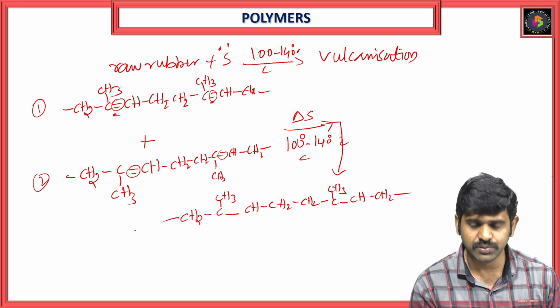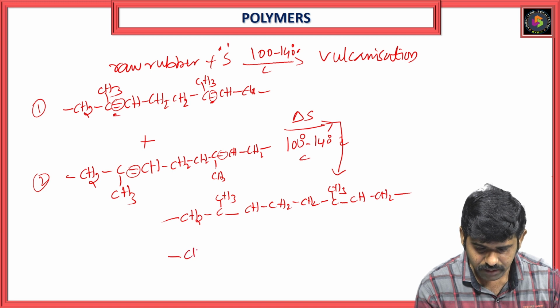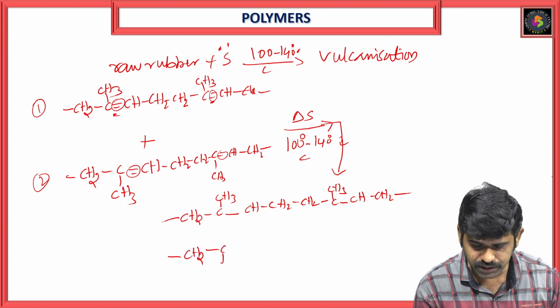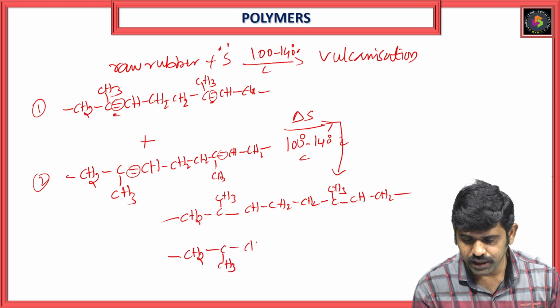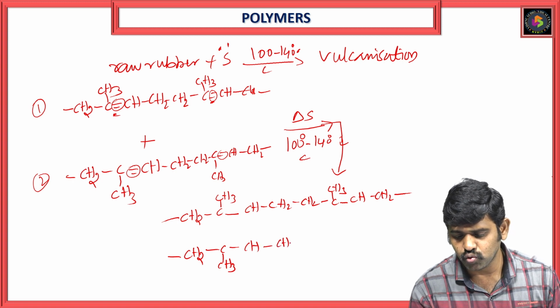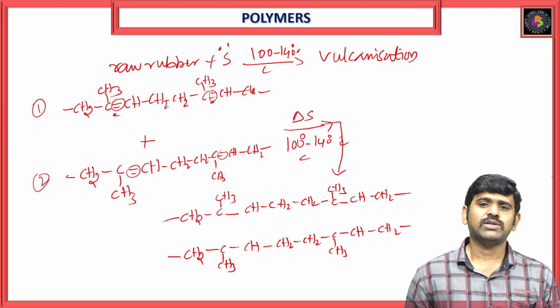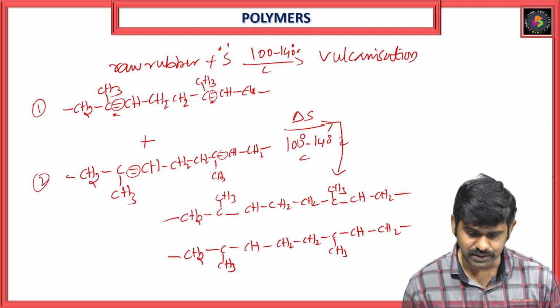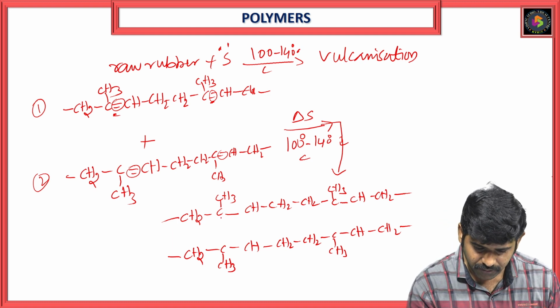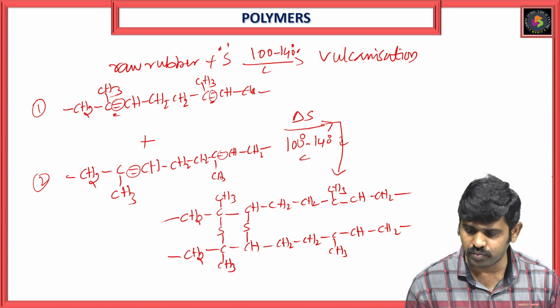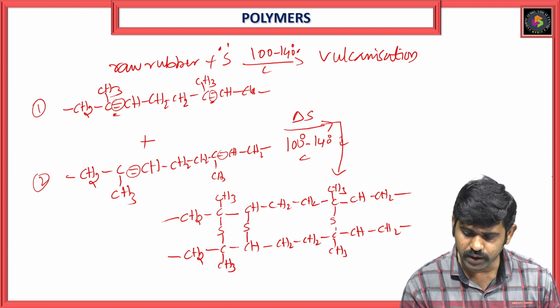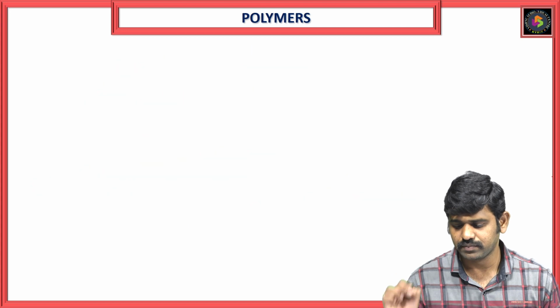Next, another rubber spring, CH2, CH3, instead of double bond, single bond, CH2 and so on. Next, what should I write here? Sulfur linkage, right? So the added sulfur combines at the double bonds of two rubber springs.